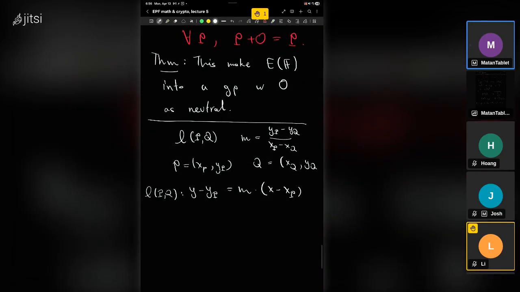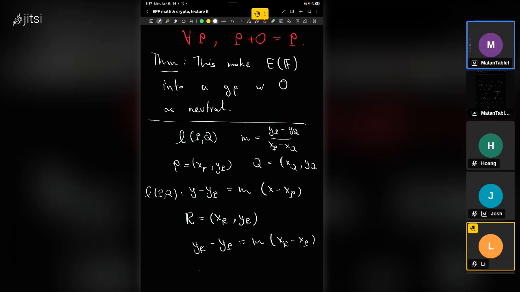Okay? And now, in order to find R, which is some (XR, YR), you have this equation. R needs to satisfy YR minus YP equals M times XR minus XP. But you also know that R needs to be on the curve.